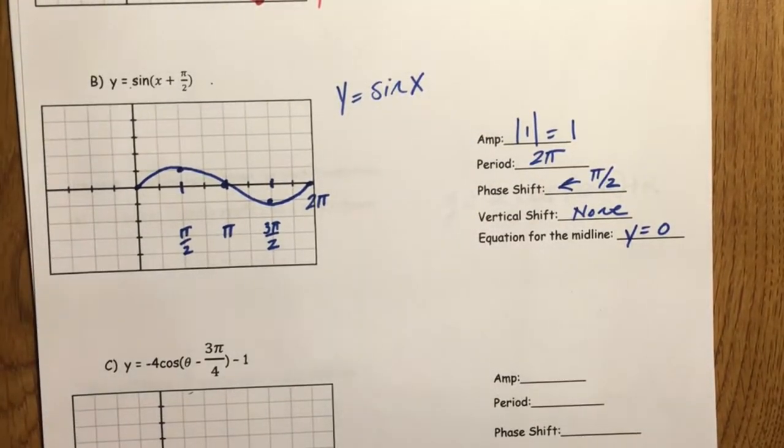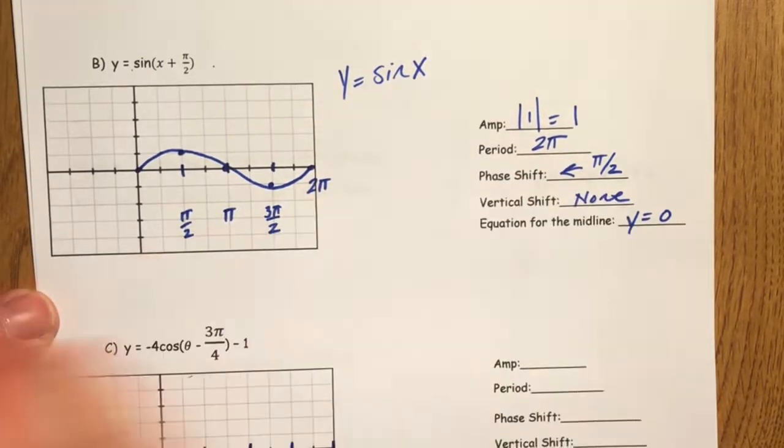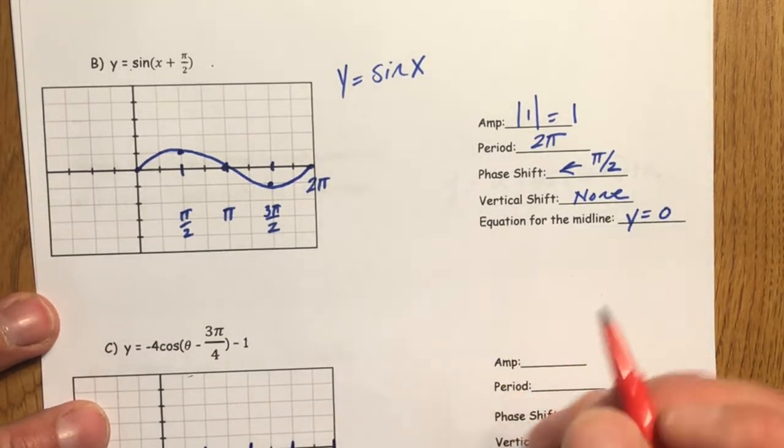Okay, fantastic. So there's my sine function. That's the generic parent function. So I'm going to translate it in red.